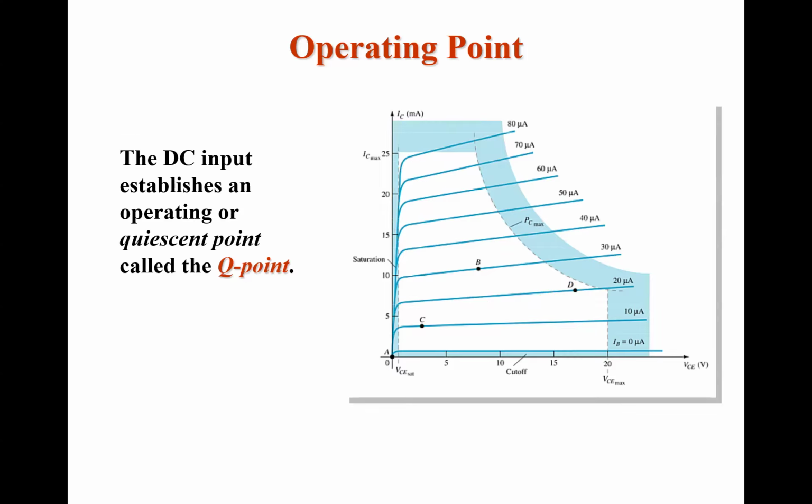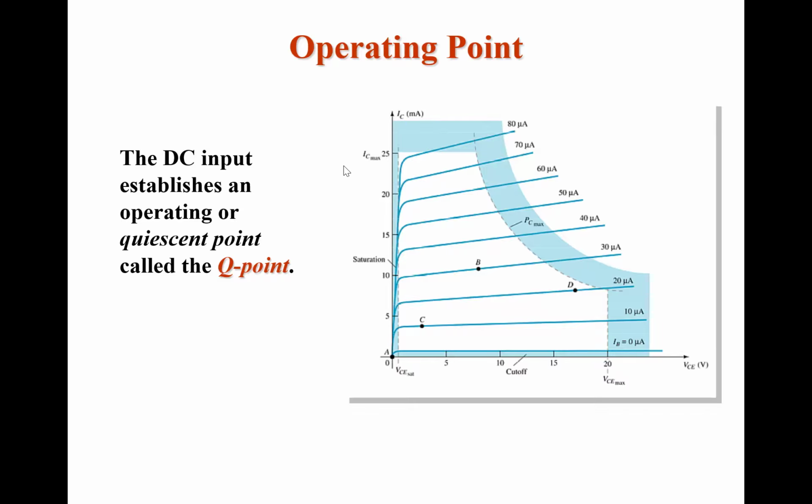We plot the output characteristics between IC and VCE by keeping various values of base current constant, such as IB equal to 80 microampere, 70, like that, from IB equal to 0 to IB equal to 80 microampere.